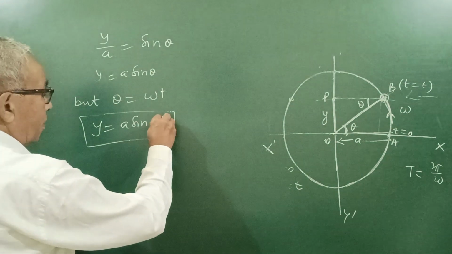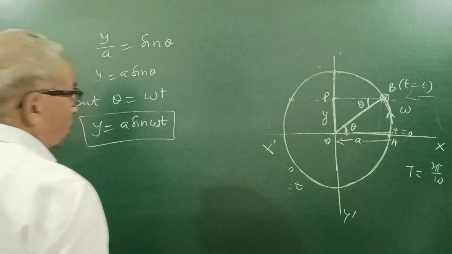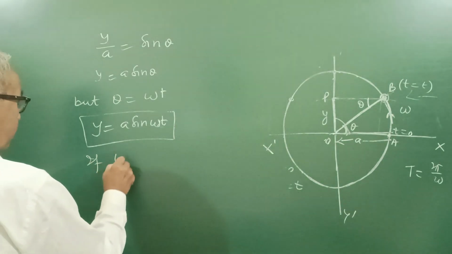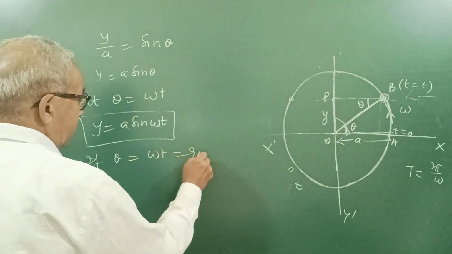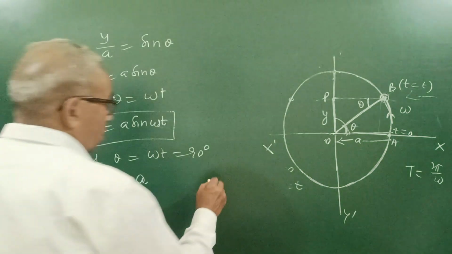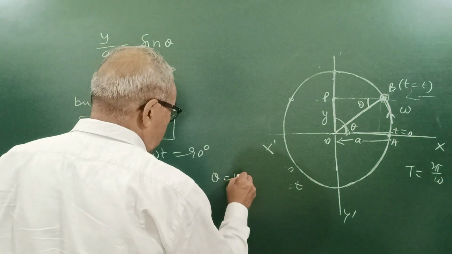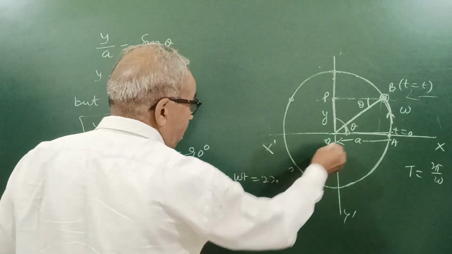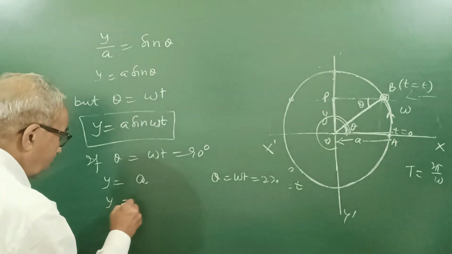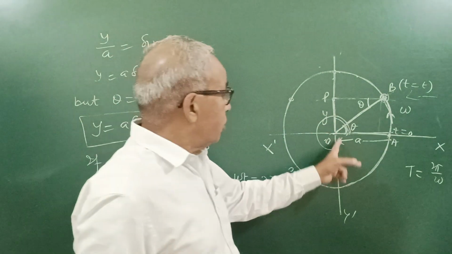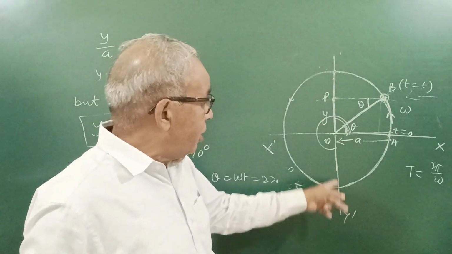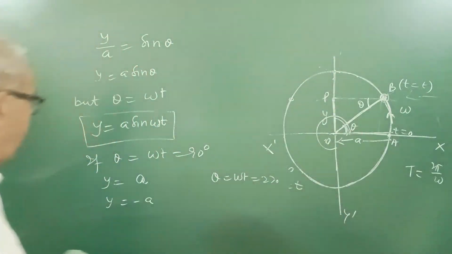So now omega t. If theta, that is omega t, equal to 90 degrees, then y equal to A. If theta equal to omega t equal to 270 degrees, sin 270 is minus 1, so y will be minus A. So the value of y will keep on changing from 0 to plus A, then 0, minus A, and so on.